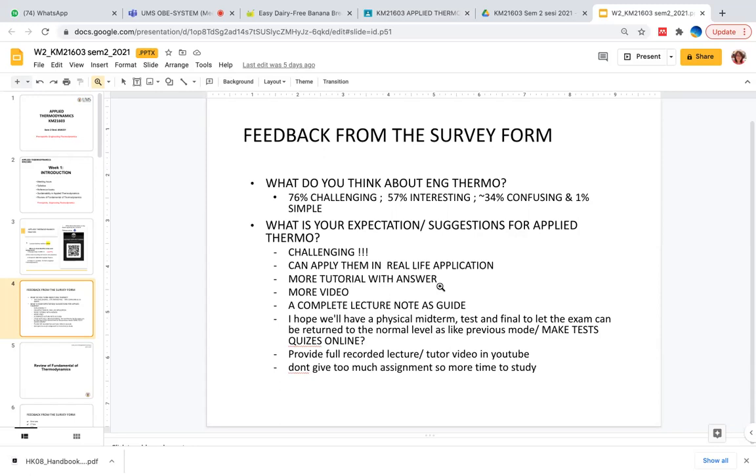More tutorials with answers? Yes, a tutorial will be given every time we have finished a chapter or a sub-chapter. If the lecture notes are attached with a tutorial, please try it and we will have a discussion on Friday.